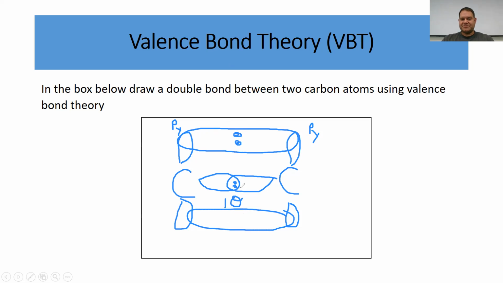So essentially, we have a pi bond, and there's one of them. So again, you're going to have a sigma bond, the head-to-head overlap, and a pi bond, which is side-by-side overlapping. And that's going to result in a double bond.